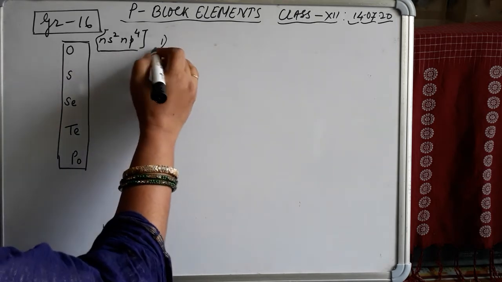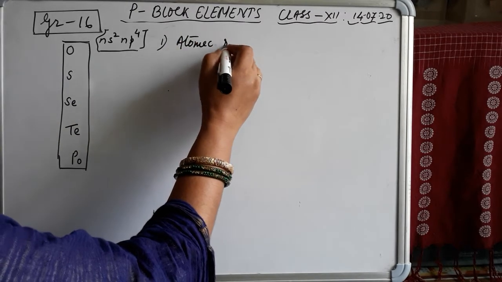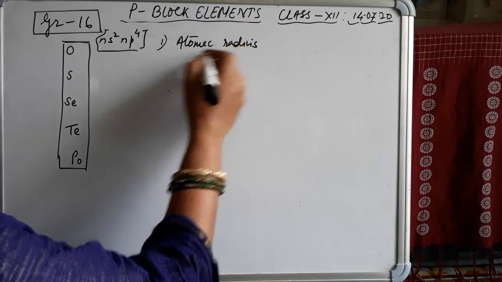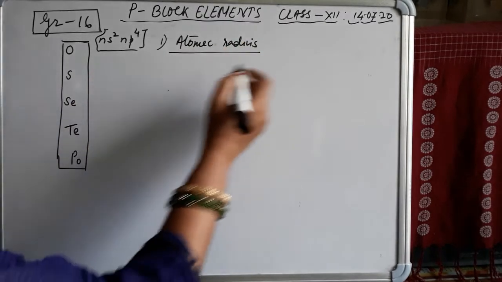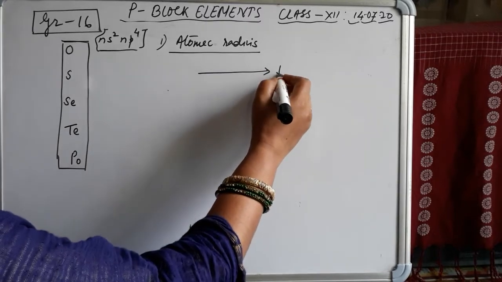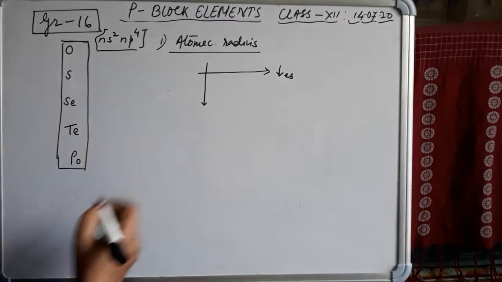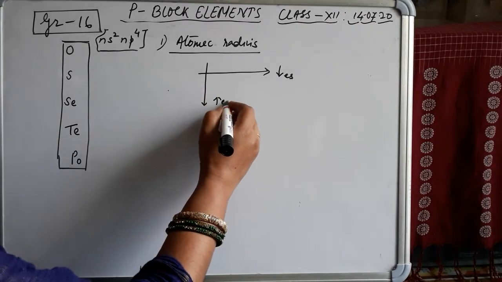At first we discuss the atomic radius. As we move left to right in a period, the atomic radius decreases, and when we move top to bottom in a group, the atomic radius increases.